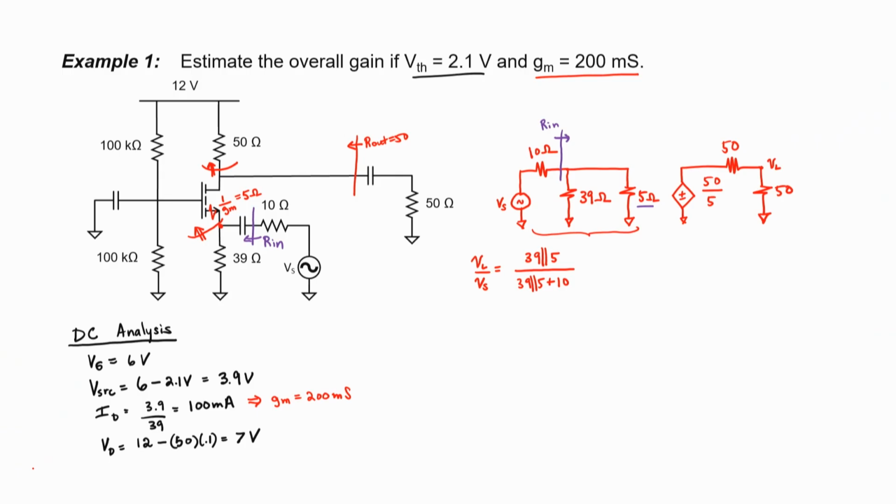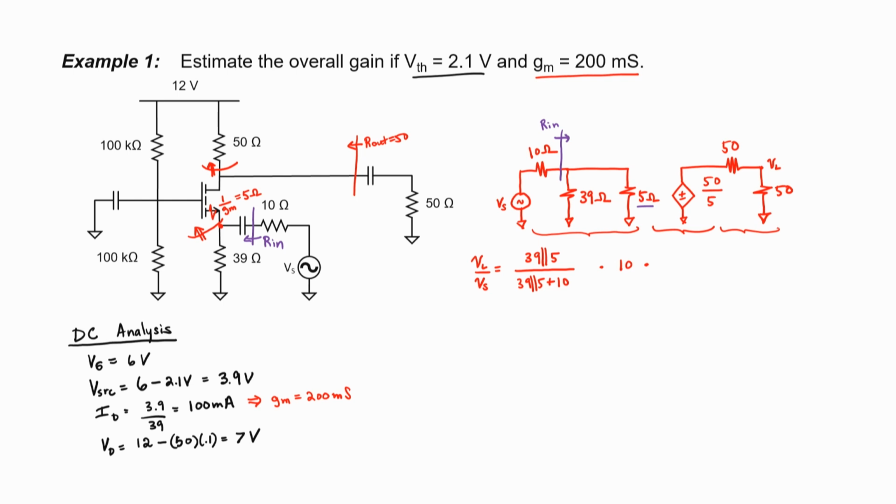That can be advantageous if you somehow have a very low impedance source and you want to match it to the amplifier. But in general, this is not the kind of amplifier that you want to use. And in fact, common gate amplifiers really aren't all that common simply because the input impedance tends to be very small. The next term in our expression is the gain segment, which here is 10.